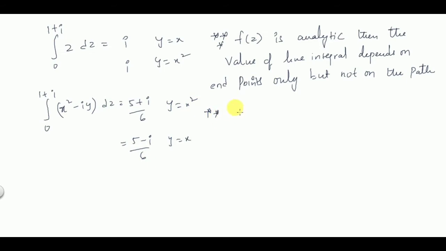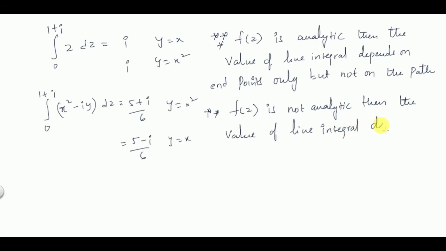So another important point is, if f of z is not analytic, then the value of the line integral depends on the path, but not on the endpoints. These two are very, very important points if you are preparing for any competitive exam.